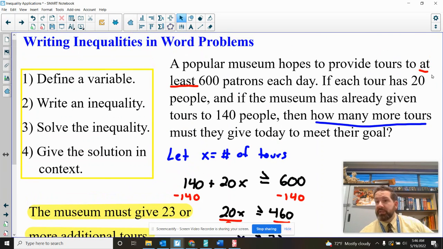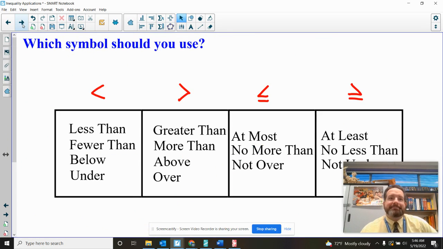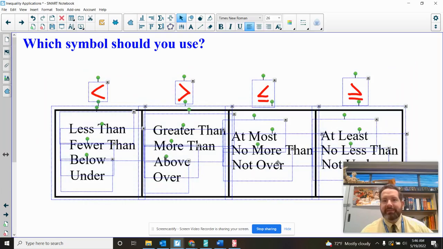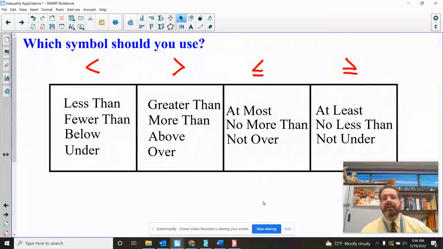Now in this one, we saw the words at least and used the inequality symbol greater than or equal to. How do you know which symbol you should be using? It takes a little practice, but most of the time you can reason it out. Here's just a little guide. So if it straight up says less than, fewer than, below, under, those are indications that you want to use a less than symbol.